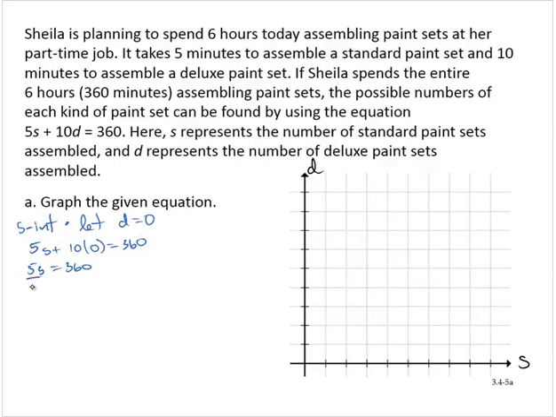And dividing through by 5, we would find that s is equal to 360 divided by 5, which is 72. So then I'd have the ordered pair (72, 0). I'm going to go with ordered pairs in the form s, comma, d.